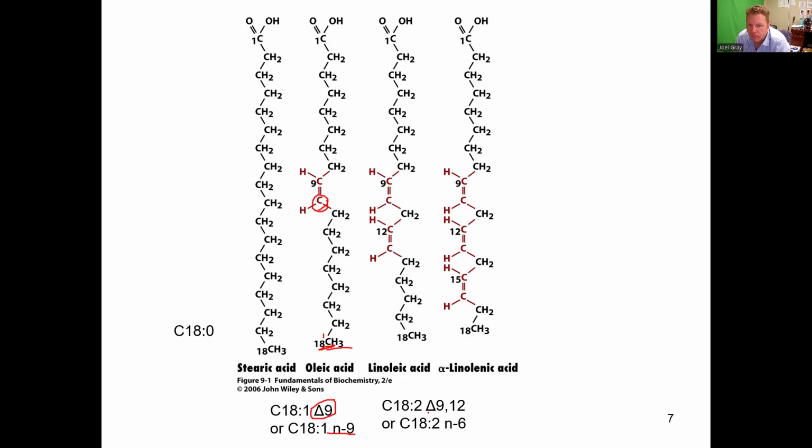The delta numbering scheme explicitly points out where your double bonds start. So delta 9, okay, there's my double bond, and 12, there's my other double bond. When we get to a polyunsaturated fatty acid, delta 9, 12, and 15.